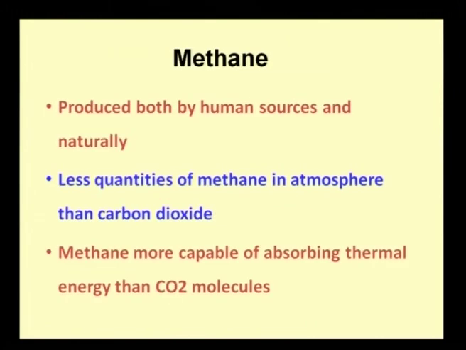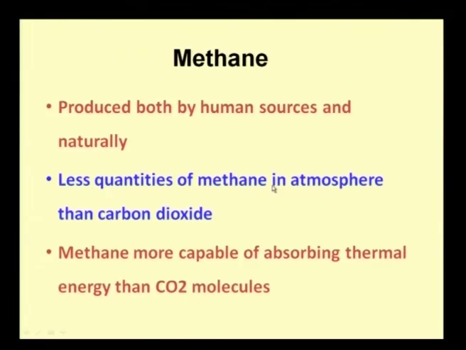And the next is methane, CH4. It is produced both by human sources and naturally, because from the marshy lands a lot of methane is produced, and animals are also producing some amount of methane, and artificially we are producing methane.